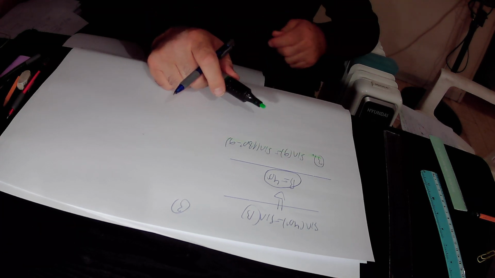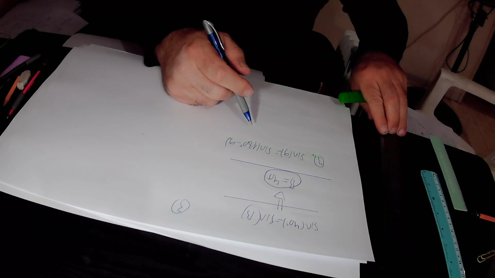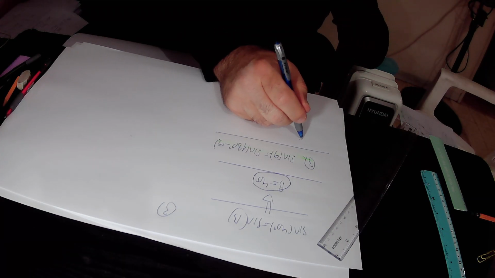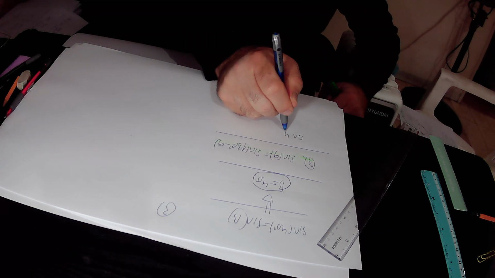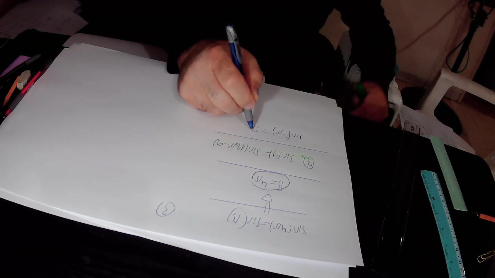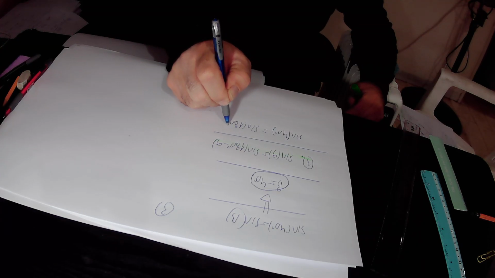According to this trigonometric identity, we get that sine 40 degrees equals sine of 180 degrees minus 40 degrees.